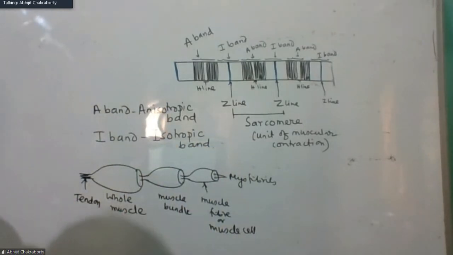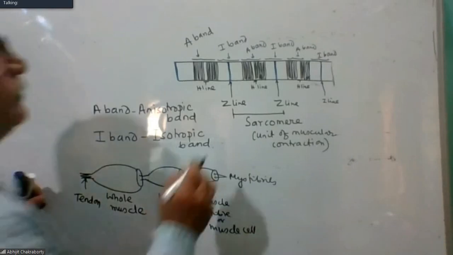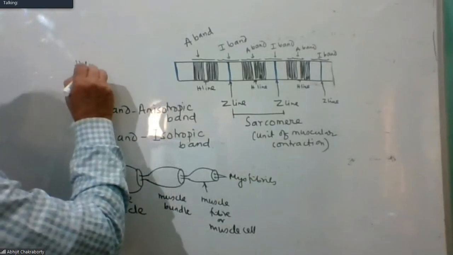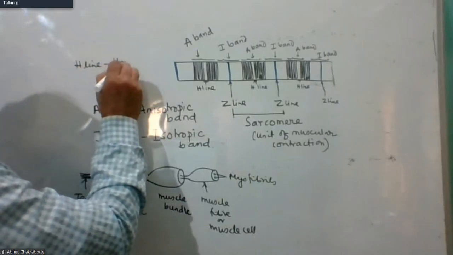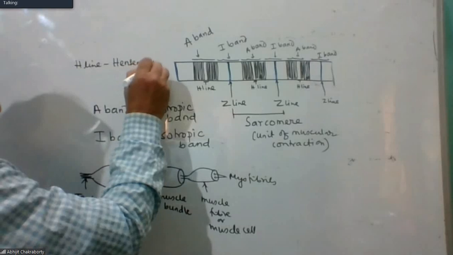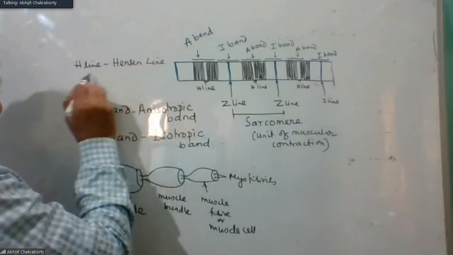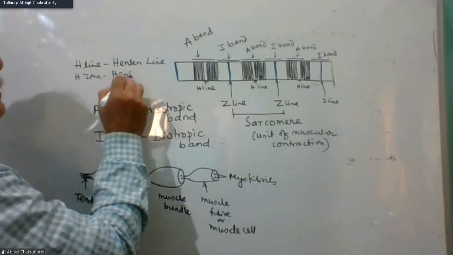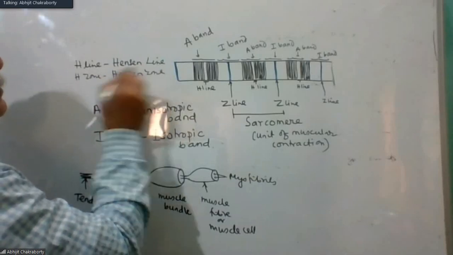The H line is actually called the Hansen line, or sometimes the H zone. It is the same thing, Hansen zone.